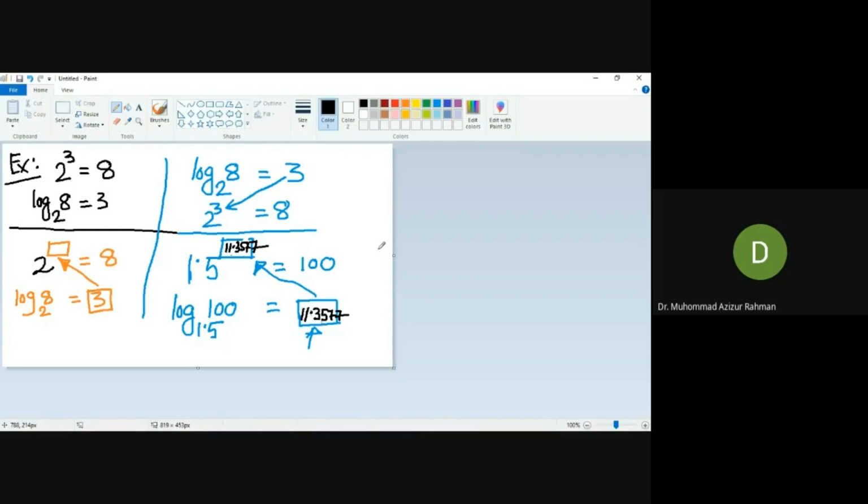Otherwise we cannot do the calculations, and you need to use your calculator. So maybe we do some more simple examples first.